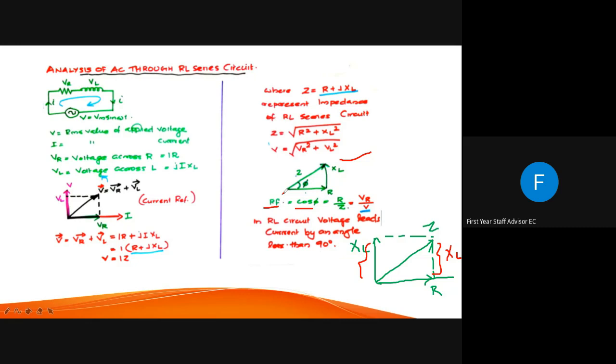For pure inductance it was leading by 90 degrees. For a pure resistor, the voltage phasor is exactly on the current phasor, and there is no phase difference between voltage and current. But when the combined effect is there, you can draw this phasor and say that it will be between 0 and 90 degrees. Okay, is it clear for you?